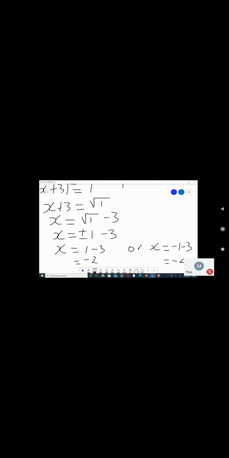So the solutions to this problem are x equals negative 2 and negative 4. Right?